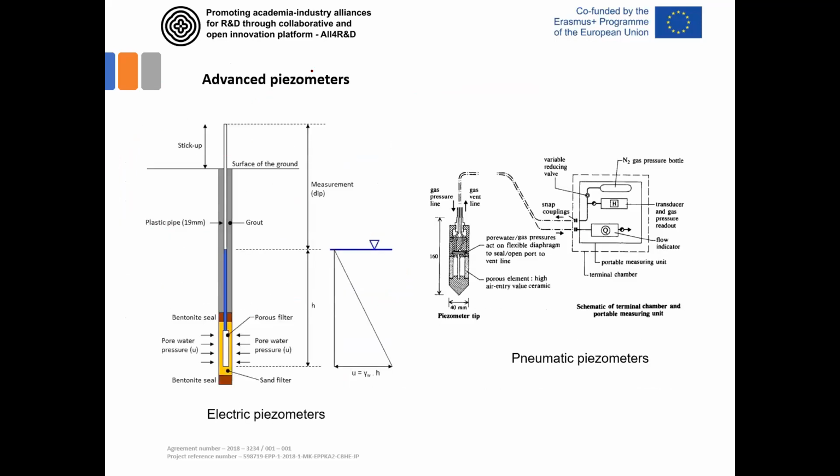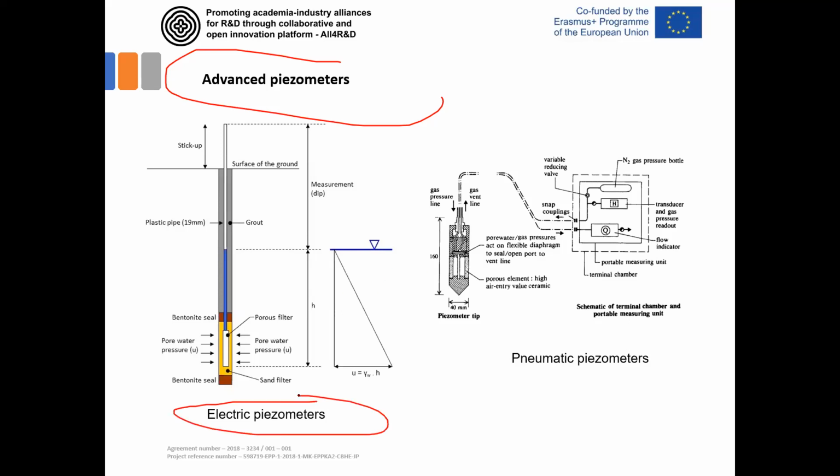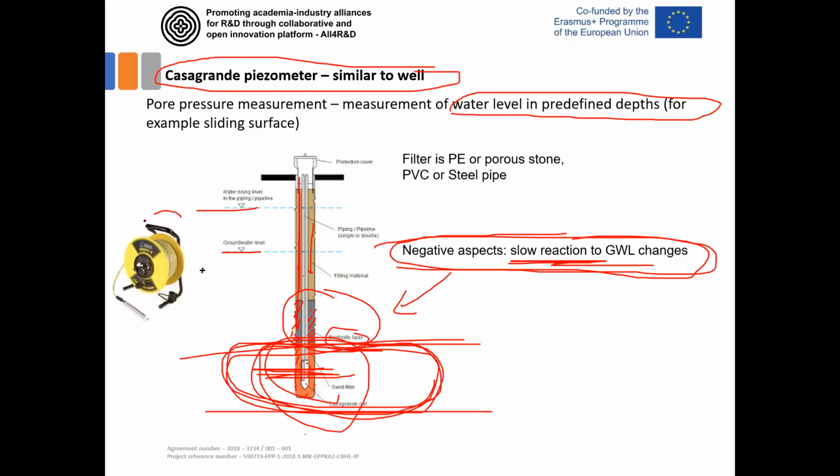An example of an advanced piezometer that can be used is this electric piezometer for measuring water pressure. It's actually similar to this Casagrande piezometer, but the pore pressure here is not measured by inserting a probe.